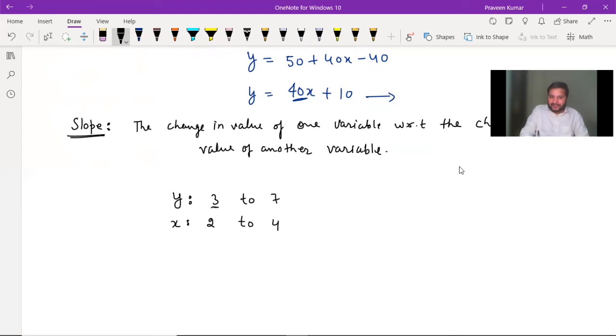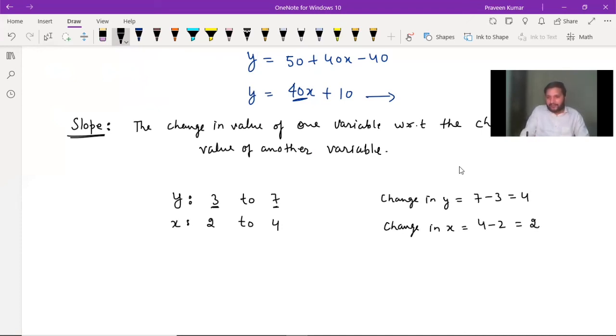So y changes from 3 to 7. So change in y is equal to 7 minus 3, final minus initial, which is 4. Change in x will be 4 minus 2, which is 2.